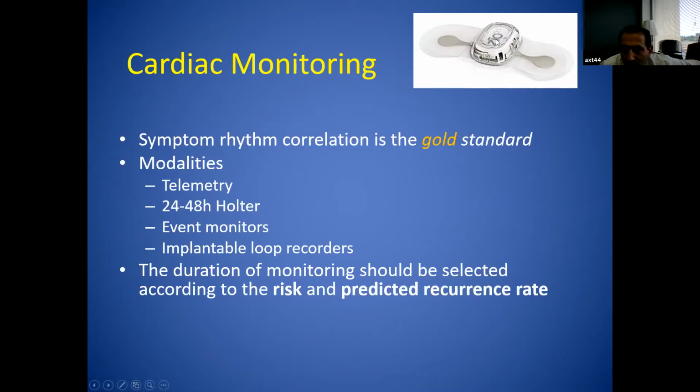We tell patients to press the button when their symptoms are most severe, if they feel their heart racing, if they feel like they're extremely dizzy and about to lose consciousness. The importance is to have symptom rhythm correlation. That's the gold standard. So I want to know what the rhythm was at the time of the event, okay?